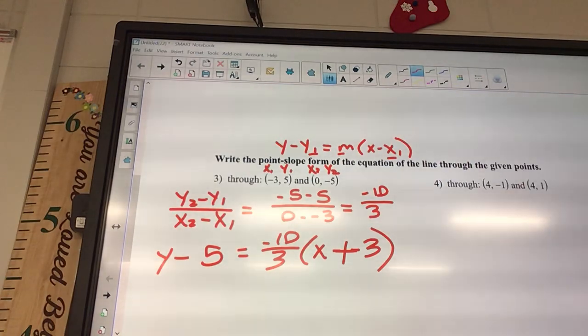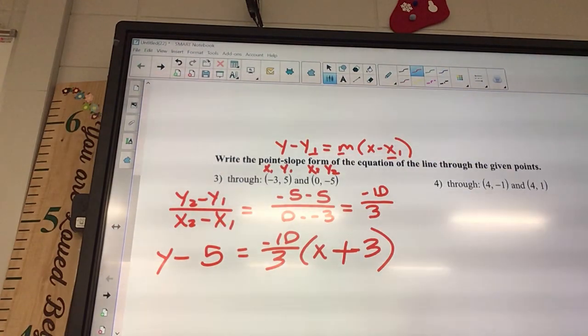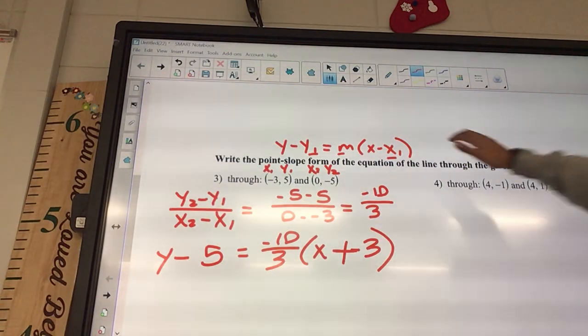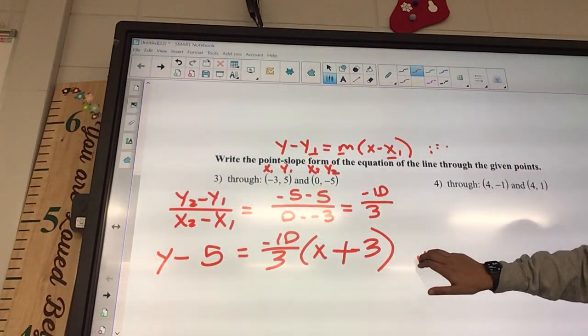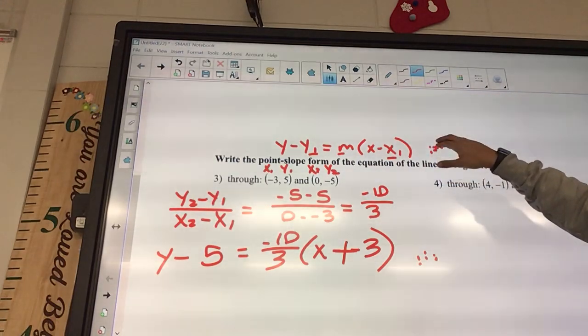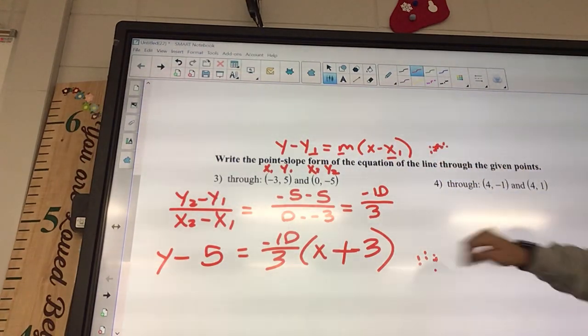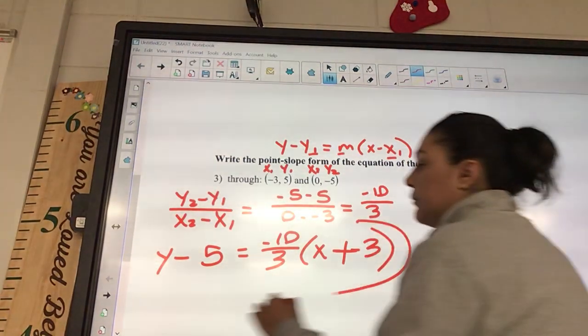Yeah, so we don't need to keep going because we don't need it in slope-intercept form. Okay, the biggest mistake kids make is to distribute and keep going when they don't need to. Okay, so make sure that if this has parentheses, then stop here. Okay, if whatever we wrote down up here doesn't have parentheses, then yes, you need to keep going.